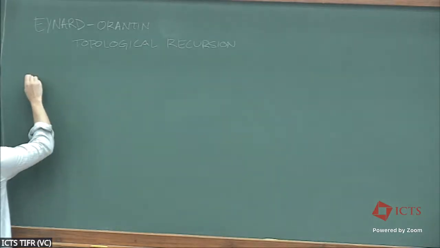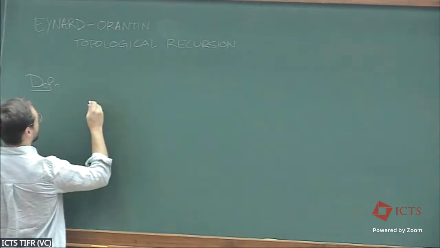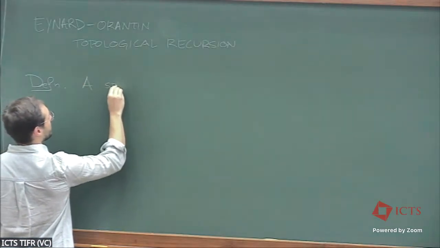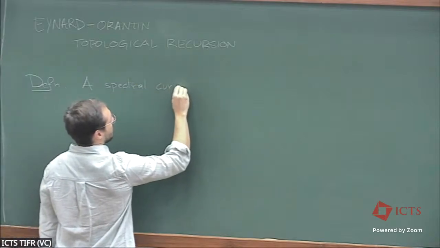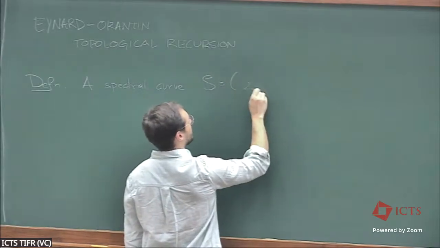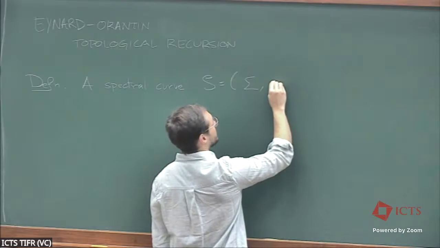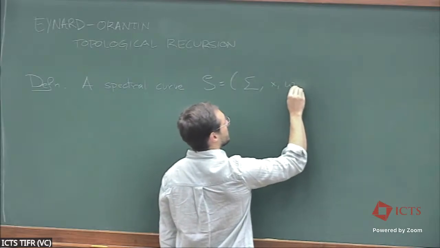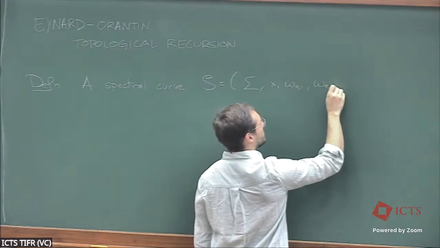So let me actually start with the main object of TR, which is the spectral curve. So a spectral curve is just a quadruple, four elements like this: sigma, x, and two objects that I will call omega 0,1 and omega 0,2.